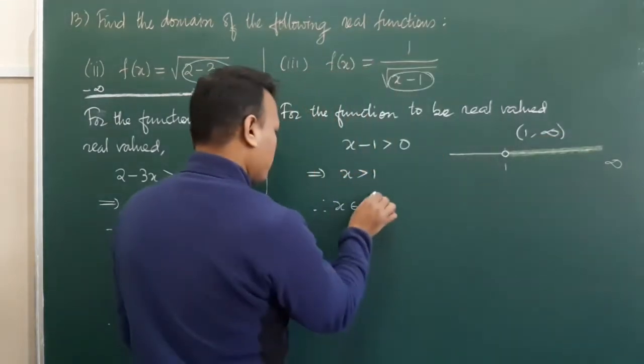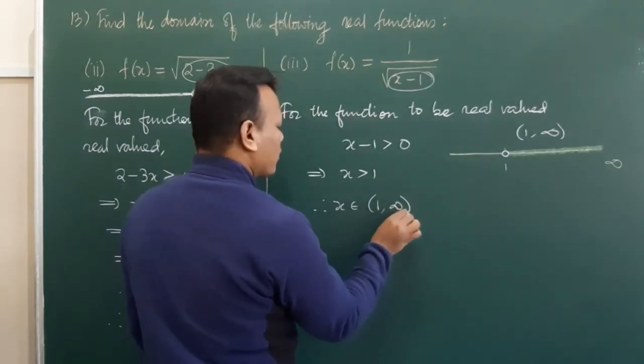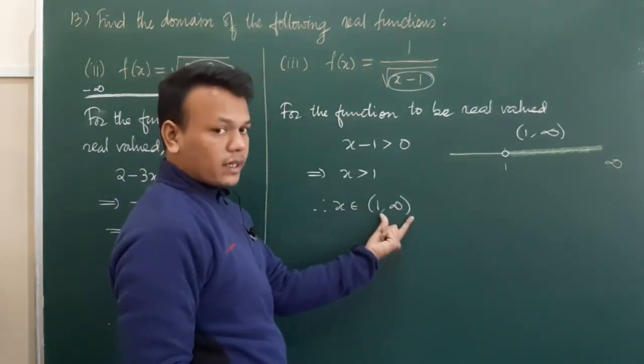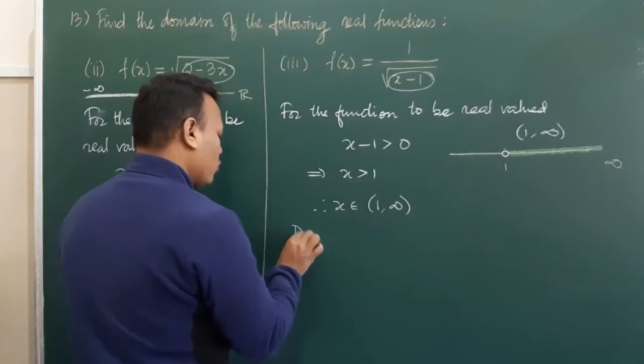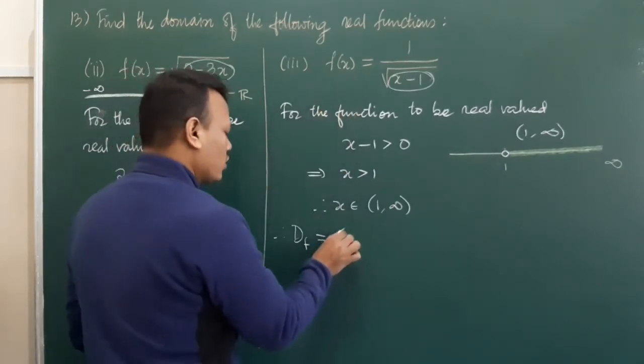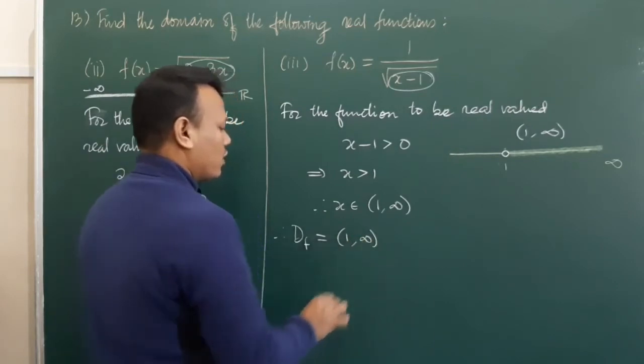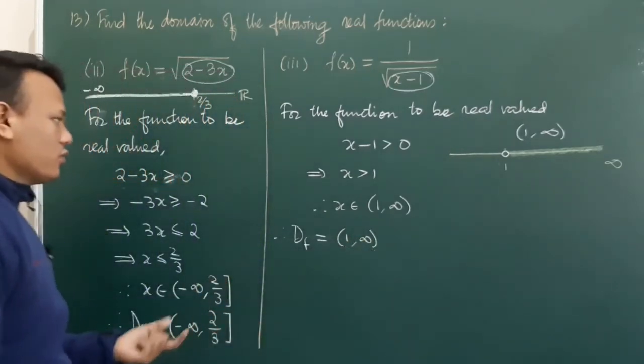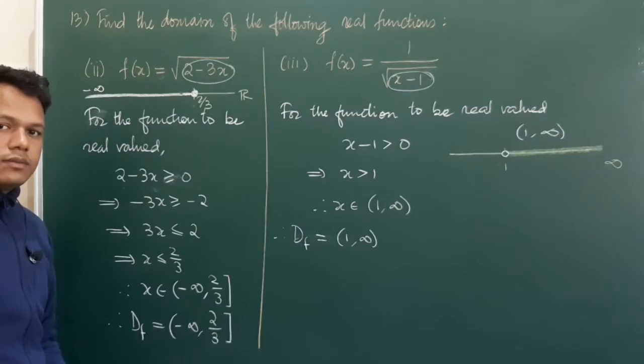So it's going to be 1 comma infinity. So if x belongs to this set, then the domain of f for this function will be 1 comma infinity. This is my open interval. So pause the video and note it down.